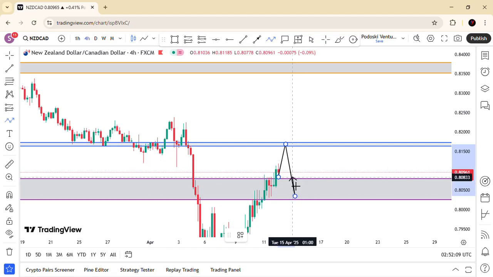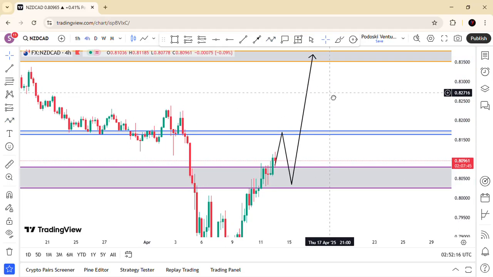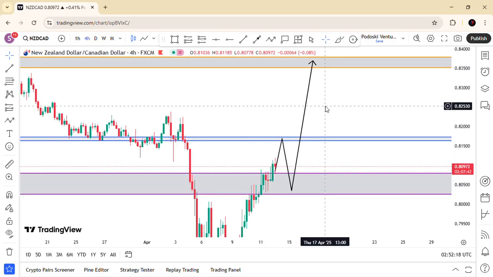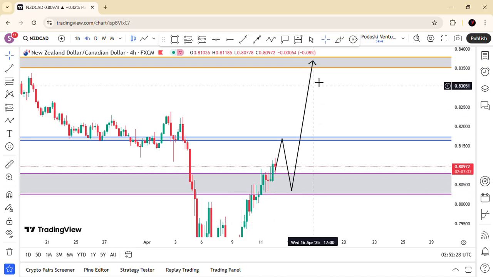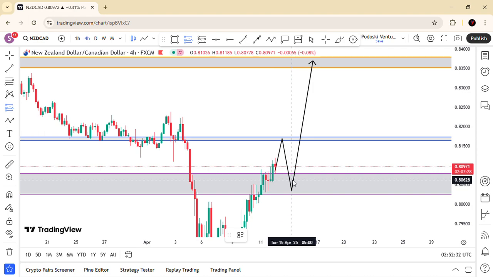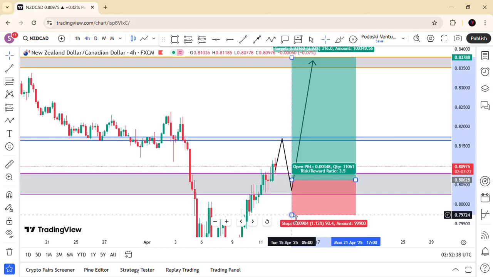Then we wait for candle confirmation and buy all the way to the upside. So we wait for a push up, tap into the 4-hour zone, a drop to the breakout zone, and look for buying opportunities all the way to the upside. This will be our setup on NZDCAD.